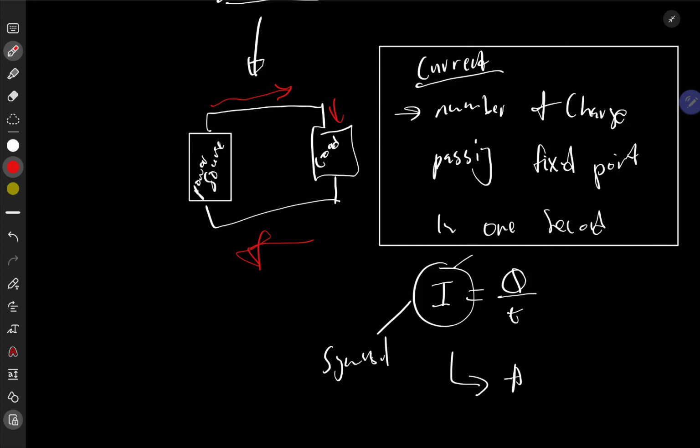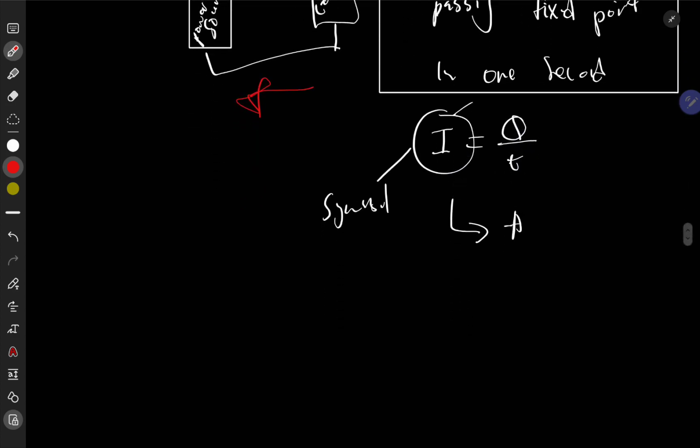Talking about current, here is a problem. Let me say I have an electric circuit with a current of 7.5 amperes, and that flow is passing for 3 minutes.